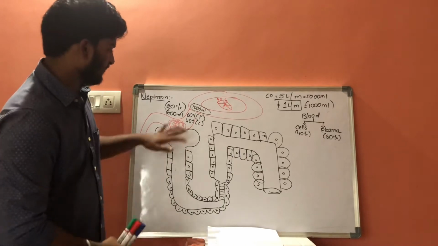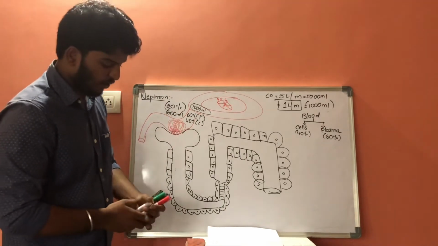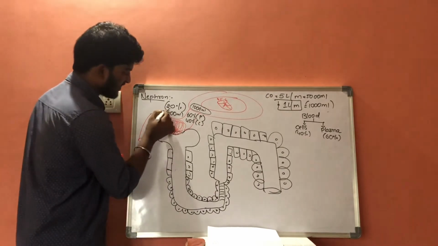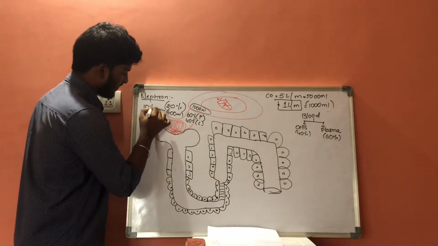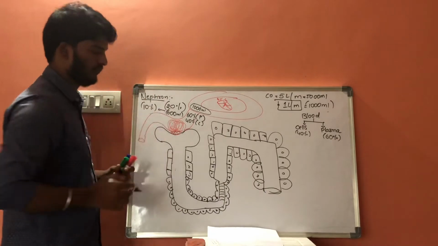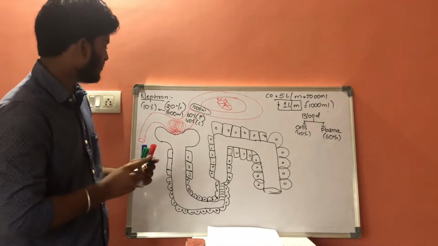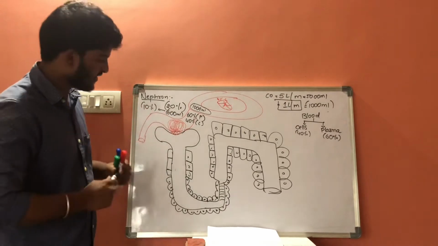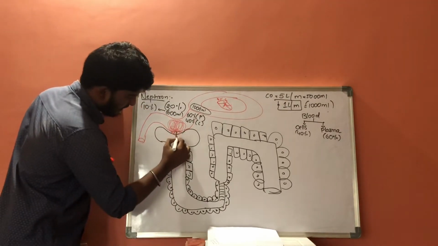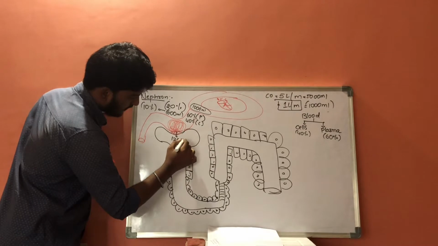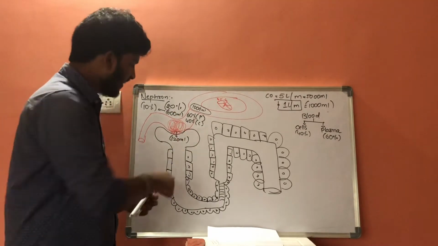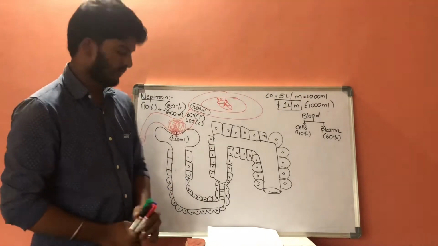Out of this 600 ml, only 10% of plasma is utilized. So within this 600 ml, 10% is only 120 ml. 120 ml of plasma is entering into the nephron per 1 minute.